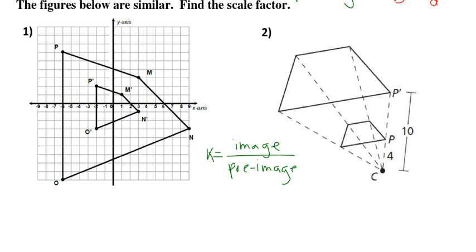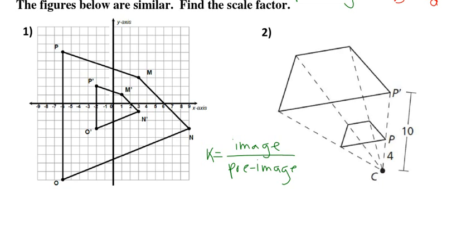So in number 1, we have this figure, which is actually a dilation in the coordinate plane. It's a dilation where the center is the origin. So which one is the preimage and which one is the image? In this case, we can identify very easily because the image is the one that has the prime symbol.